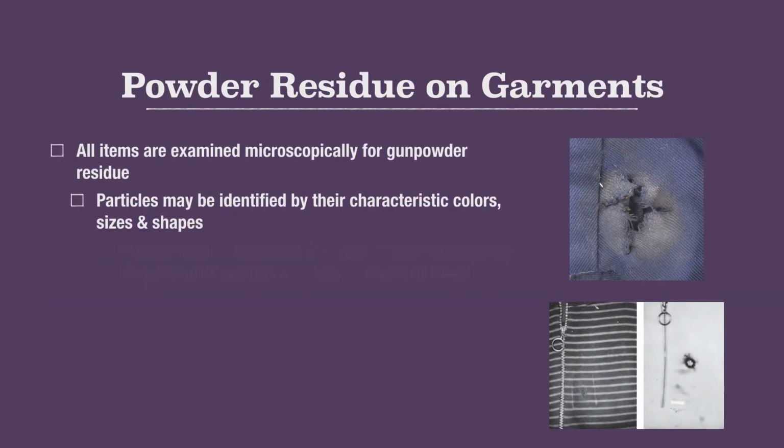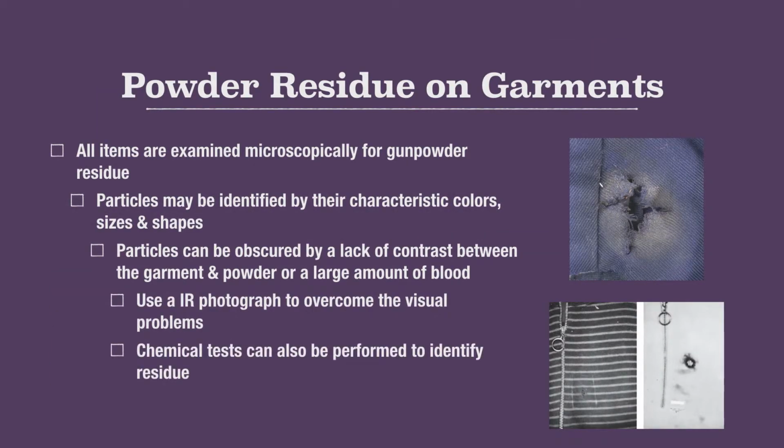Okay, so there's also powder residue on garments. And all items are examined microscopically for gunpowder residue. Particles may be identified by their characteristic color, size, and shape. But what's interesting is they can also be obscured by a lack of contrast between the garment and powder, or if there's a large amount of blood.